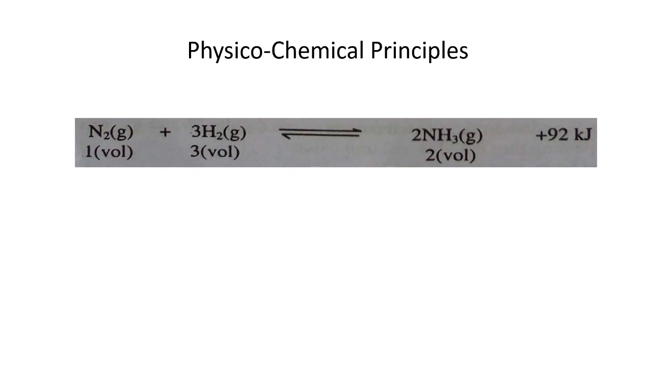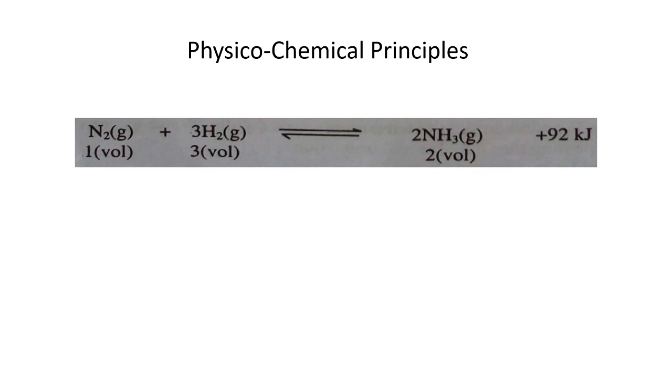You can see clearly at the center that the reaction is reversible. The forward reaction is exothermic, the backward reaction is endothermic. During the formation of ammonia, there is a decrease in volume, as I told you.